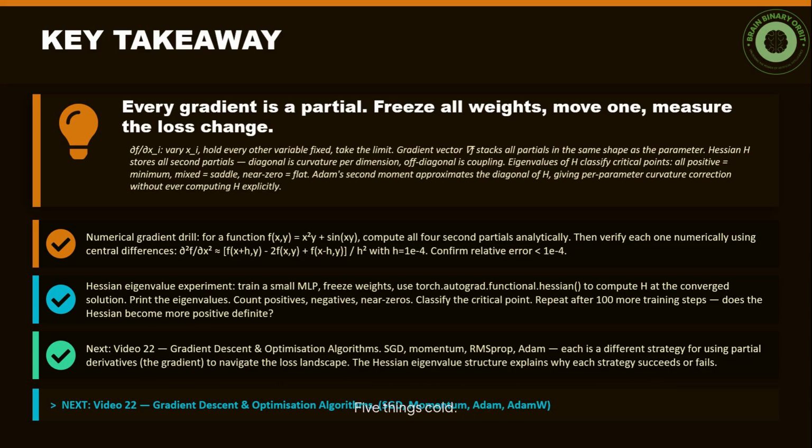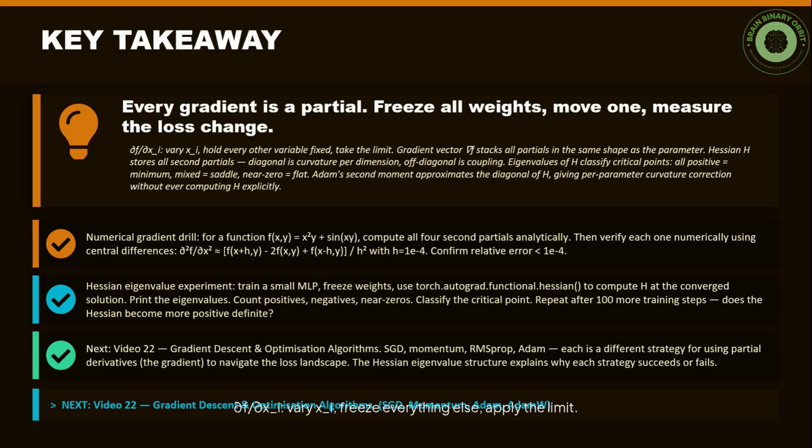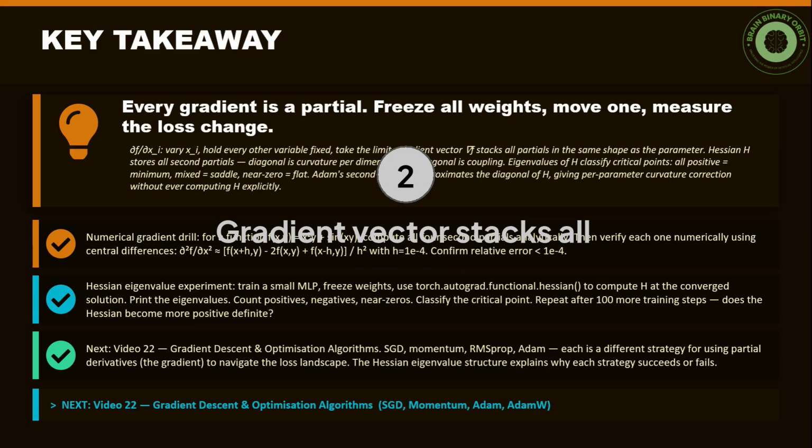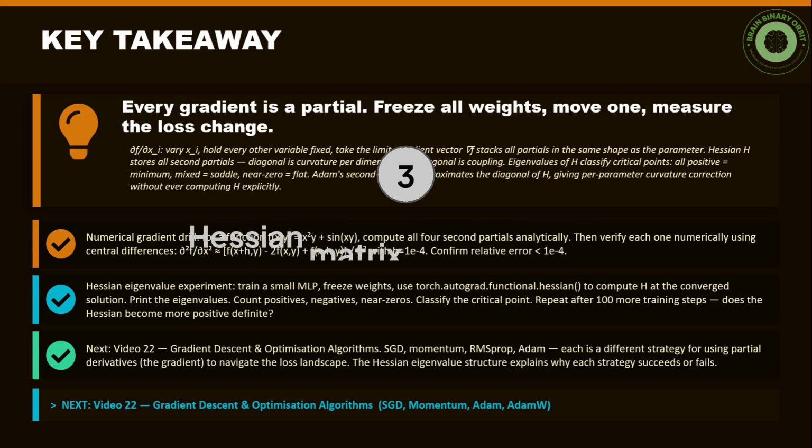5 things to know cold. 1. Partial of f with respect to x_i: vary x_i, freeze everything else, apply the limit. 2. The gradient vector stacks all partials in the same shape as the parameter; subtracting it gives gradient descent. 3.